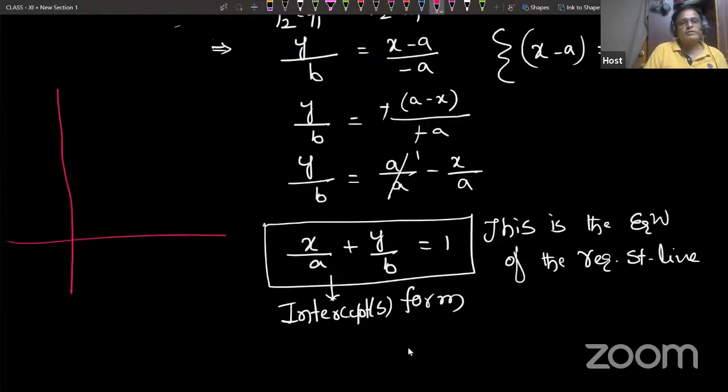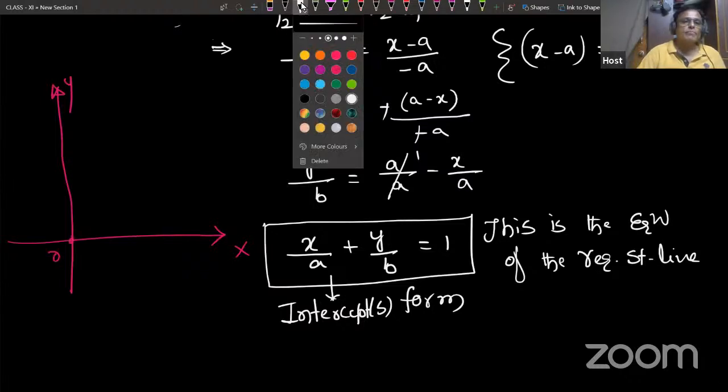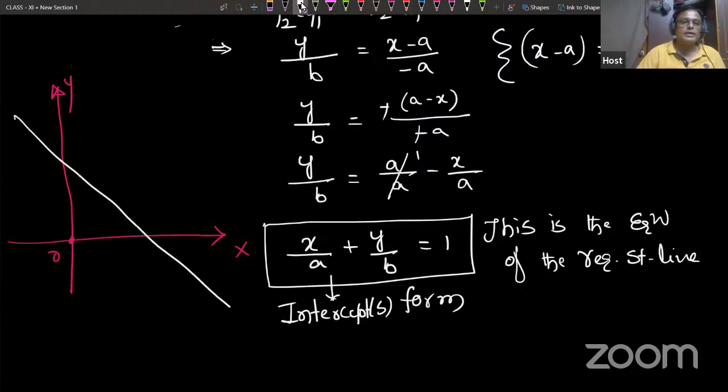Whenever there is a straight line, suppose look here, this is the line. We have to find out its equation. But we'll give x-intercept to you and y-intercept also. Suppose given x-intercept is a, very simple.